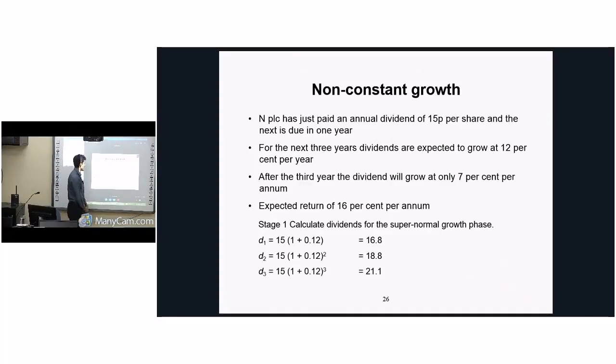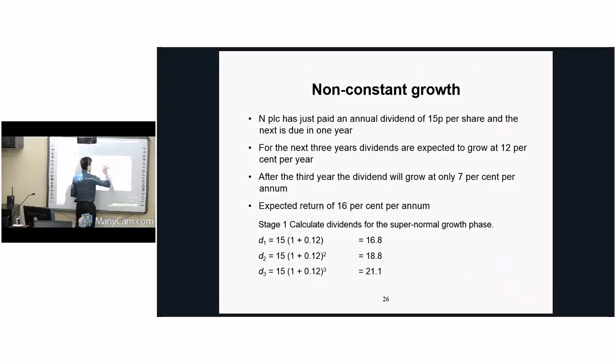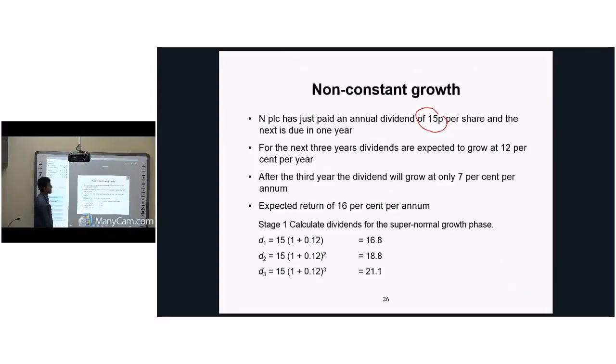NPLC has just paid an annual dividend of 15 pence. So there D0 is 15 pence, and the next one is due in 1 year. For the next 3 years, the dividends are expected to grow at 12% per annum. After the third year, the dividend grows at 7%. Now, this is a very practical situation.